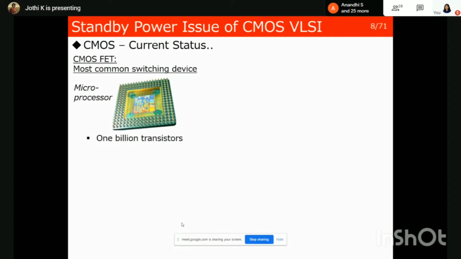The transistor is a very small, tiny, single unit of the processor. What we are mostly using is the FET, field effect transistor. The field effect transistor is nothing but a switch. We do not want to complicate with too many technical terms. Let's say it's a simple switch.